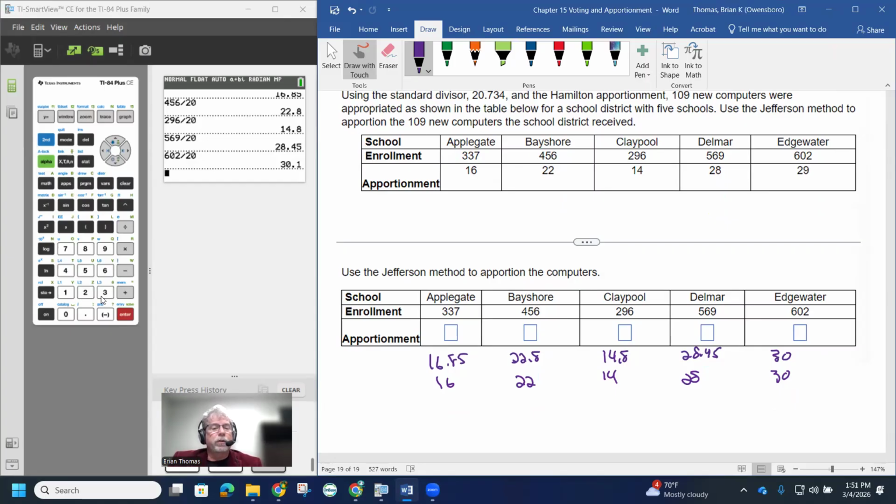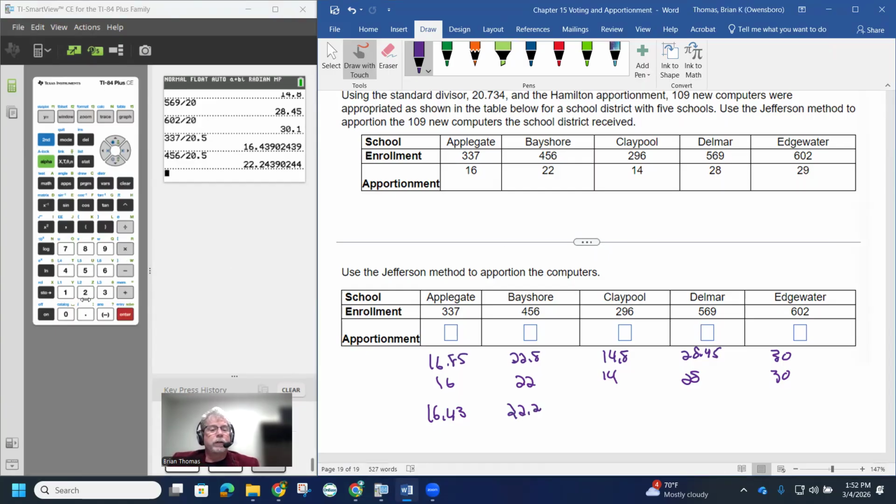337 divided by 20.5 gives me 16.439, so nothing changes there. If we do 456 divided by 20.5, we get 22.2, so that's still 22.